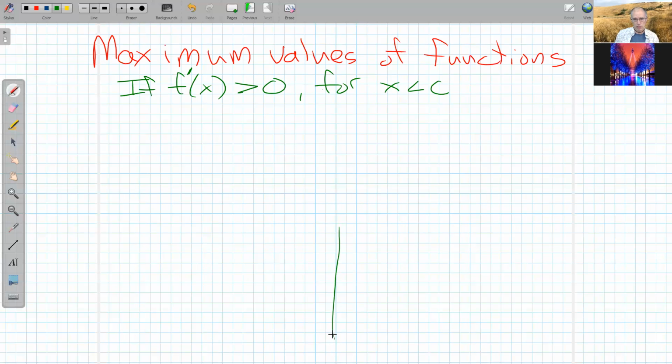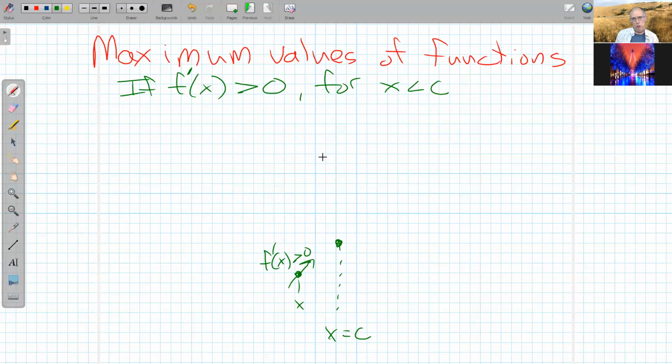We've got some x value, and we pick another x value over here, and we find that there's a positive slope. F prime of x there is positive.